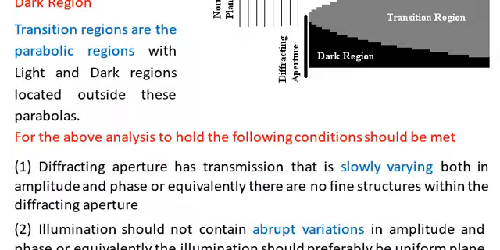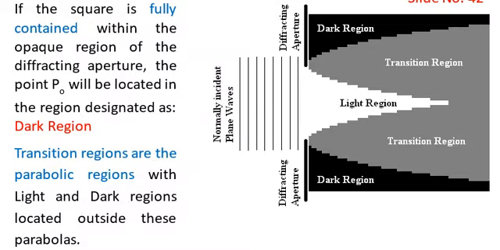Transition regions are parabolic regions, with the light and dark regions located outside these parabolas. Look at the parabolic shape of the transition region. The dark region is outside on both sides, and the transition regions contain light regions within them.